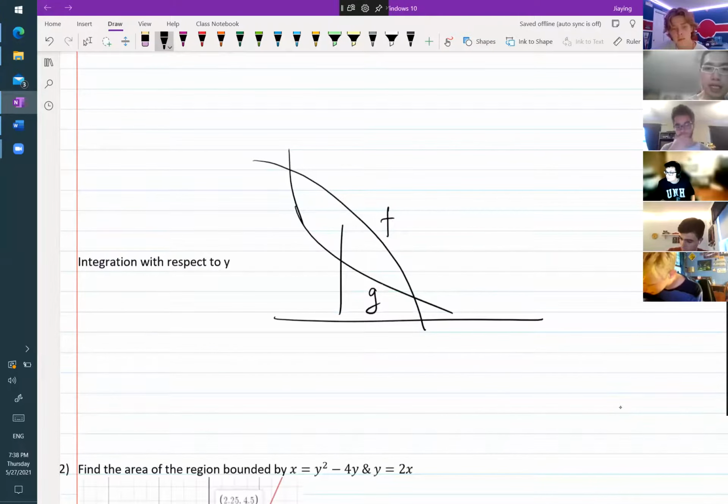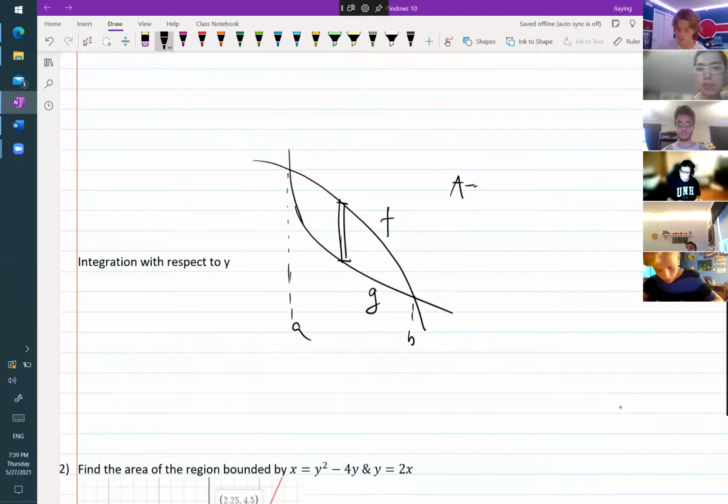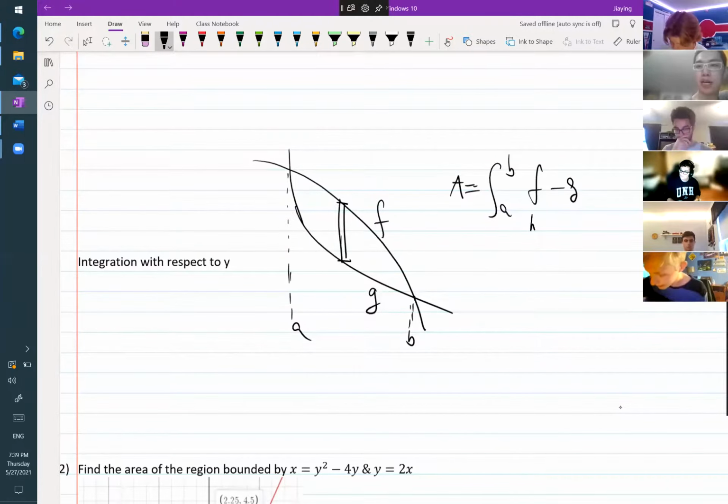Instead of drawing the rectangle vertically, so the area is equal to, let's call this A, this is B. So the area we said is integrating from A to B of f minus g, because this is the higher function, this is the lower function, with respect to x.